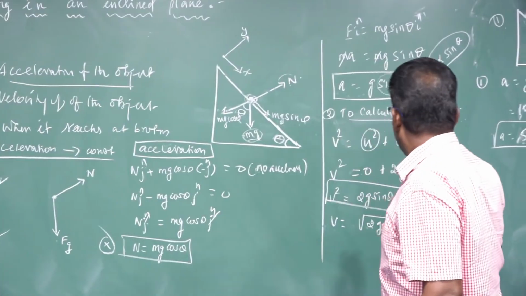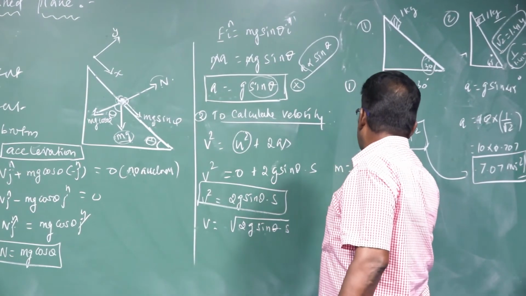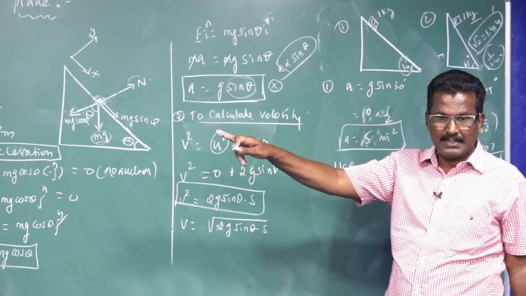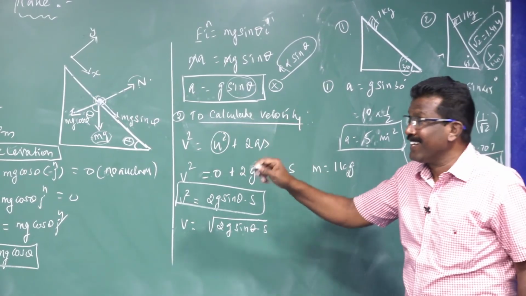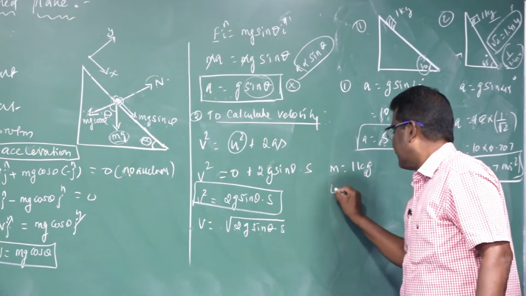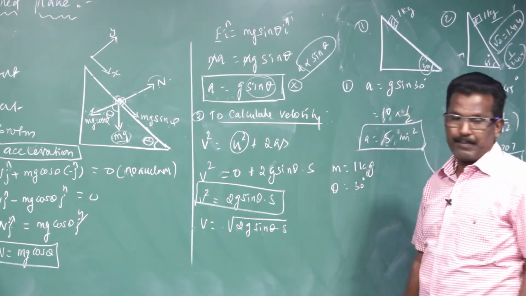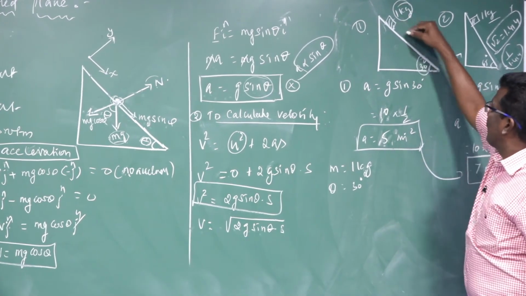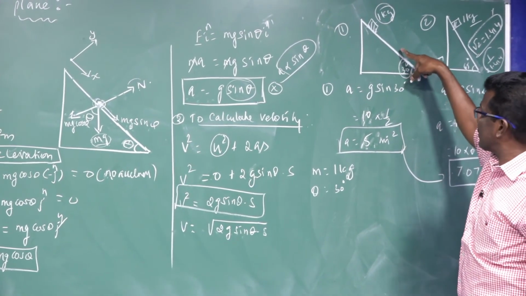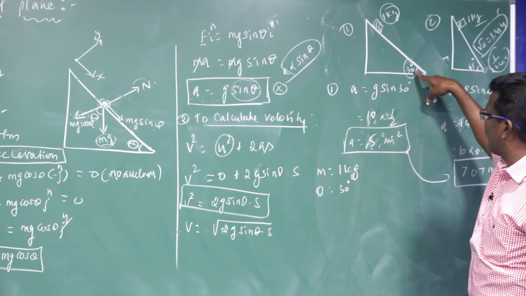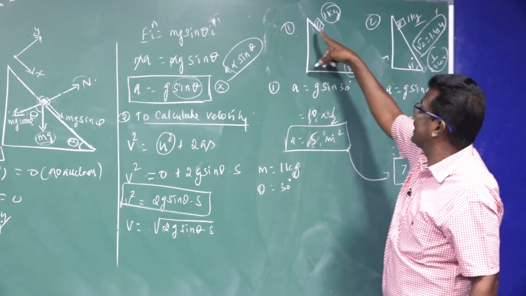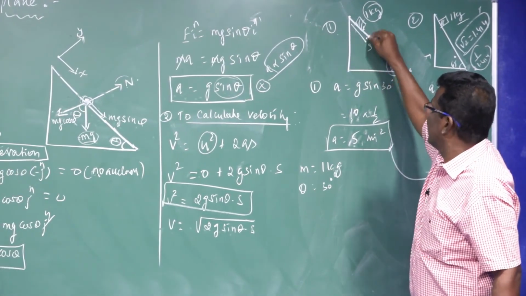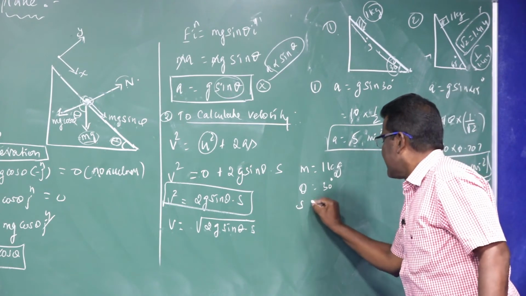First, the mass of the body, m, is given as 1 kilogram, placed on the inclined surface. Theta is equal to 30 degrees. The distance covered from this point to this point, S, is 10 meter.